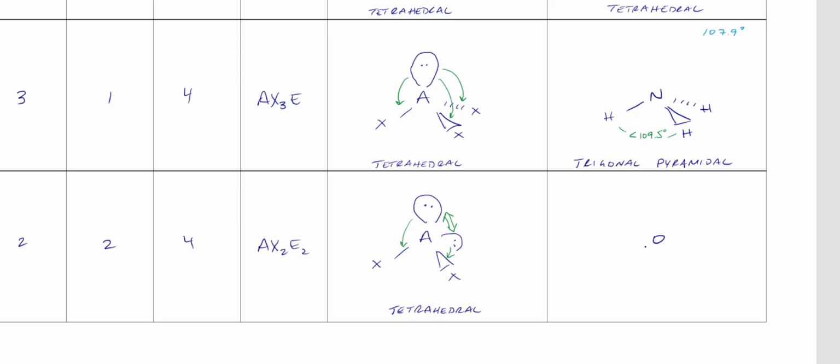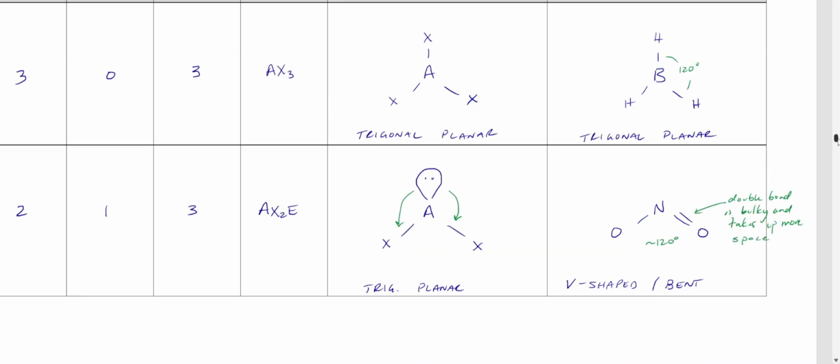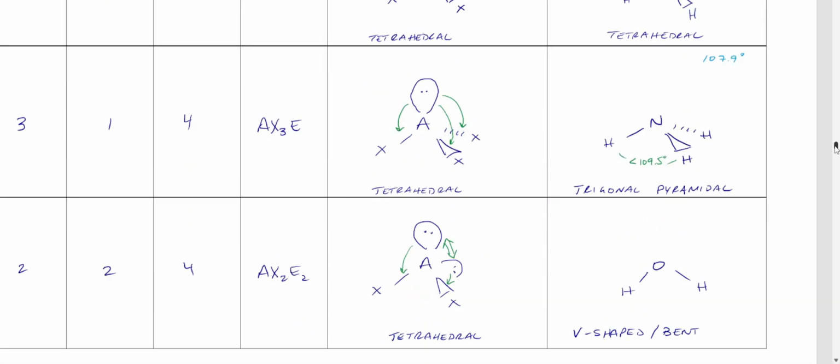Now, all of this can sit in one plane. This is V-shaped, or bent. And in this case right here, we have to be careful. It's not the same V-shaped or bent that we saw up here where it was less than 120 or approximately 120.